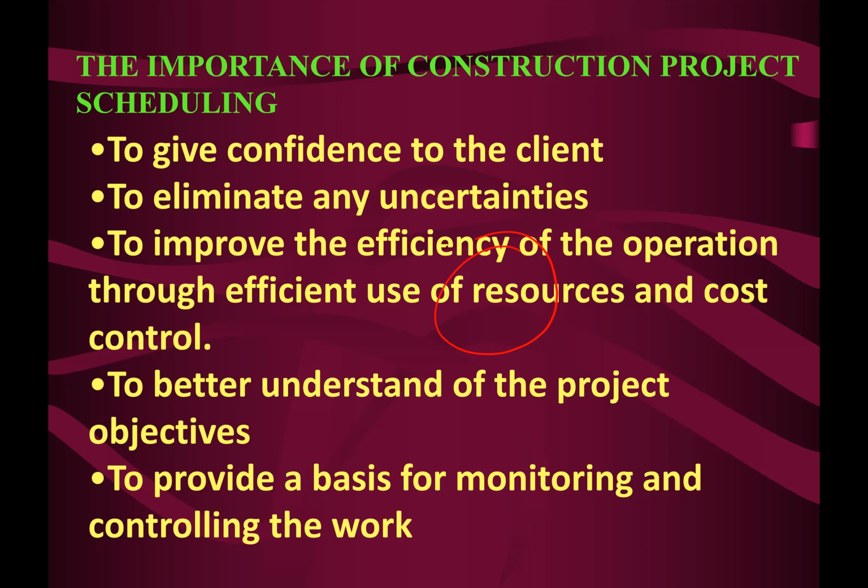People always associate progress in terms of percentages, in terms of the amount of money that you have spent, in order for people to know whether you are lagging behind or leading ahead of time, etc. And then the basis for monitoring and control.